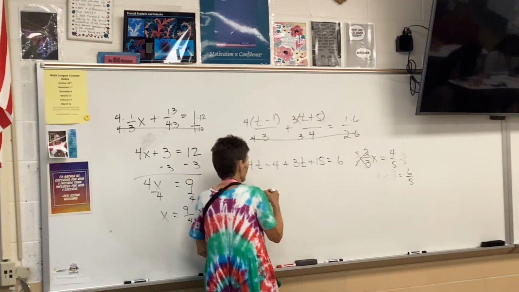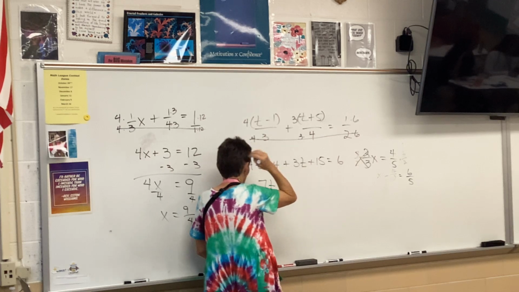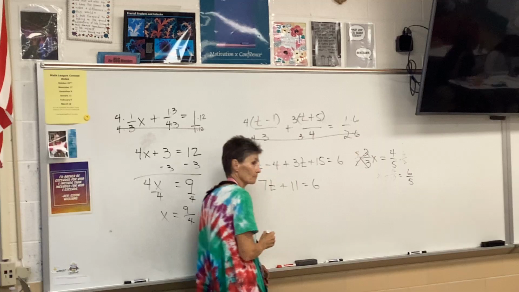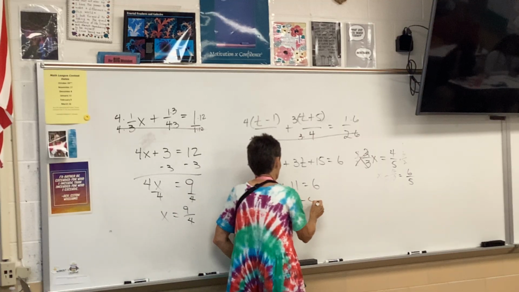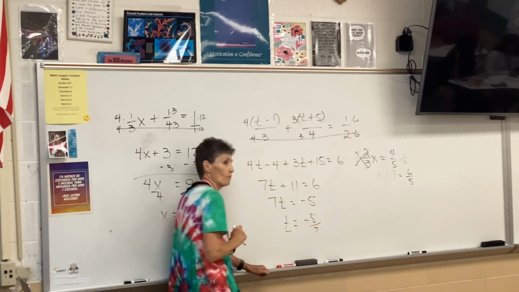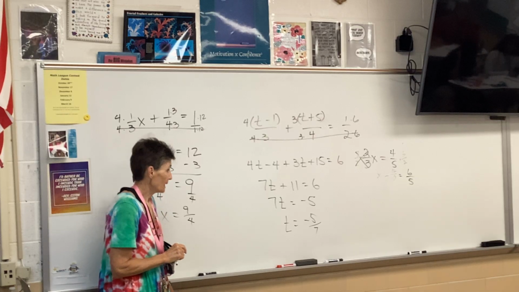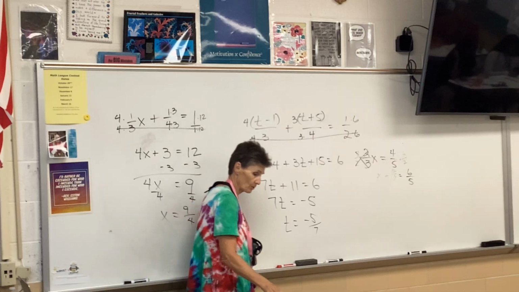So 4 and 3 is 7. And then add the -4 and the 15. And -4 and 15 would be 11. Yeah. And then subtract the 11. And then divide by 7. And that's perfectly fine. Don't give me some freakish decimal. -5/7 is completely fine for the answer.